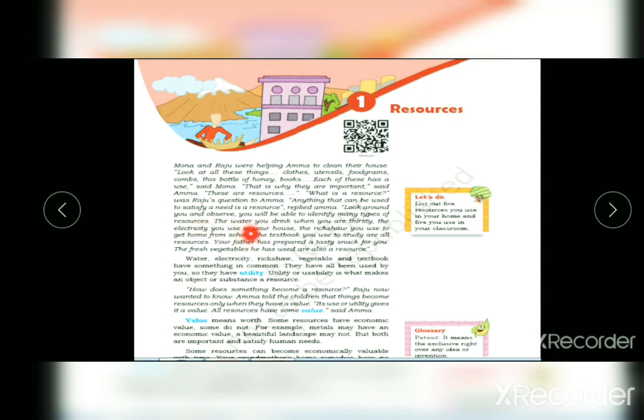The water you drink when you are thirsty, the electricity you use in your house, the rickshaw you use to get home from school, the textbook you use to study are all resources. Your father has prepared a tasty snack for you. The fresh vegetables he has used are all resources.